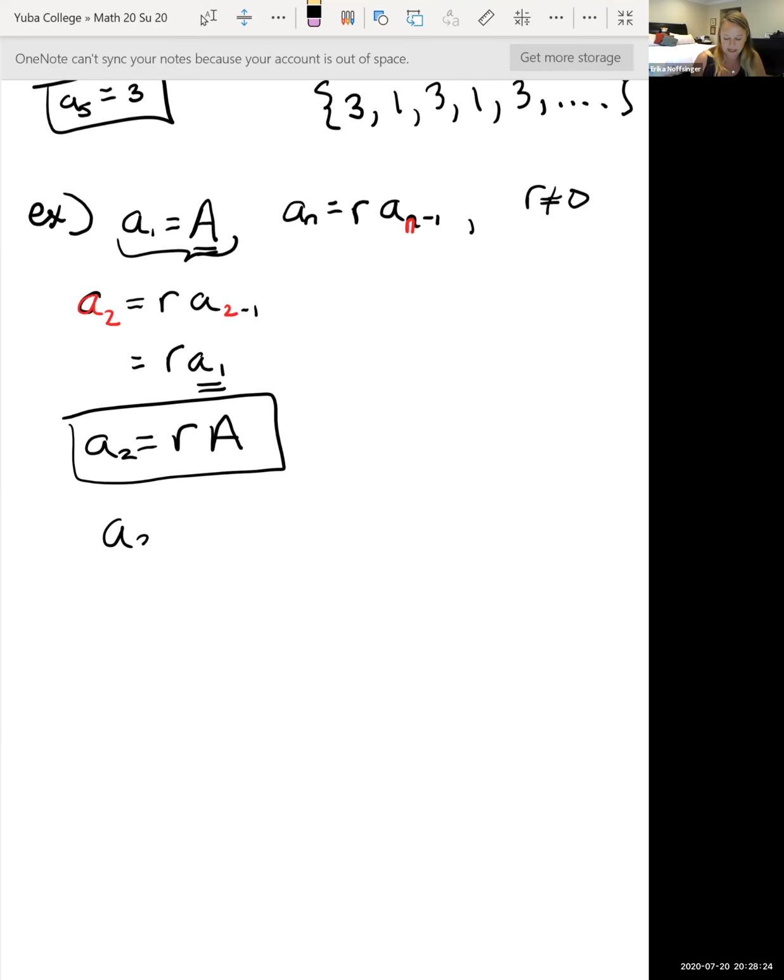So a sub 3 is equal to r times a sub 3 minus 1, which is a sub 2. If we go back in here and plug in what a sub 2 is, which is r times capital A, and we have that r out front.